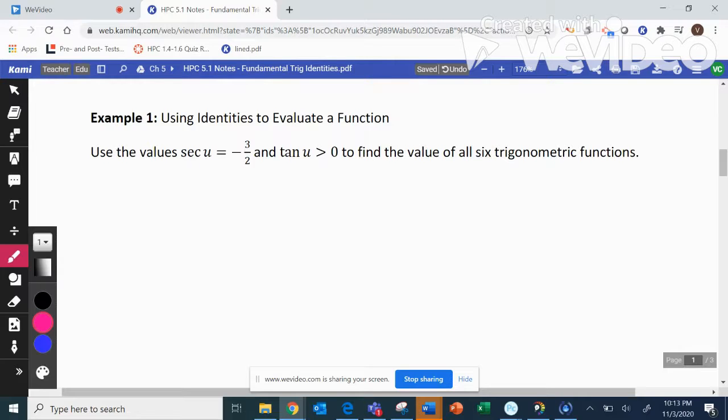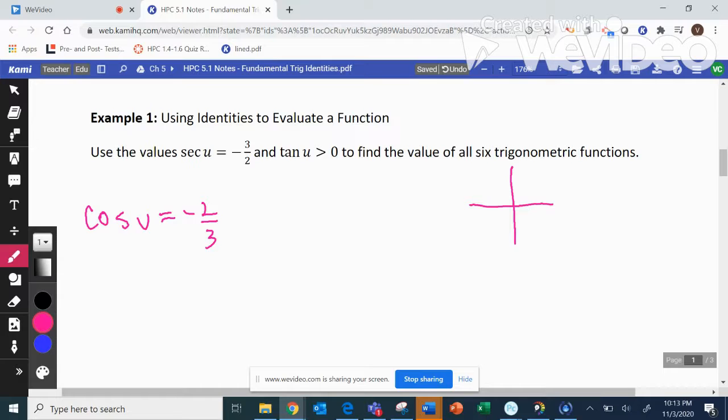So, using identities to evaluate a function. We're going to use the values secant u is equal to negative 3 over 2 and tangent u is greater than 0, and we're going to find all 6 trigonometric functions. So one thing I want to notice is that cosine would be the reciprocal of the secant, so negative 2/3.